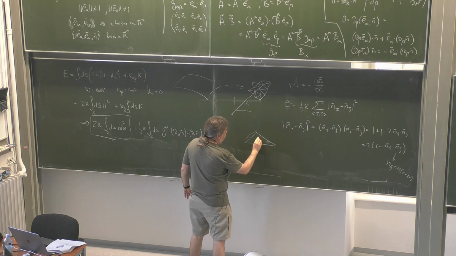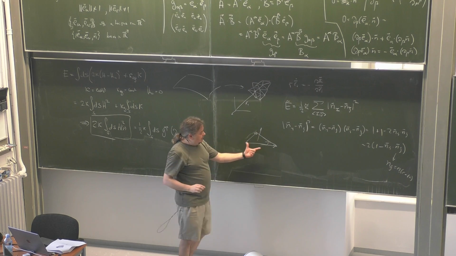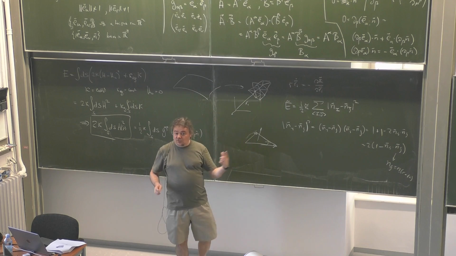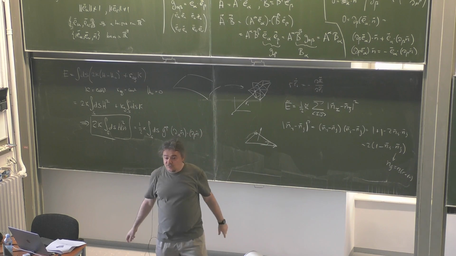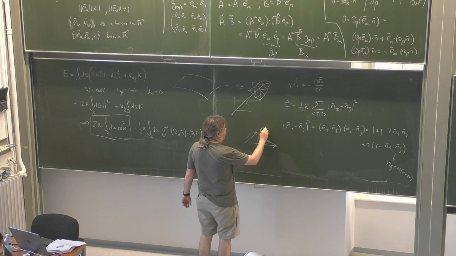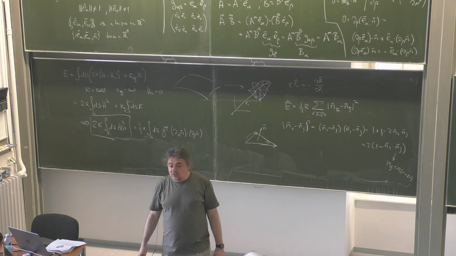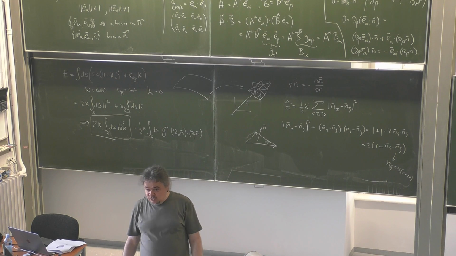For every triangle, I can calculate the normal by taking the cross product of the two vectors that form it. Right? So this normal vector is in some funny way going to depend on the positions of the vertices of my mesh.